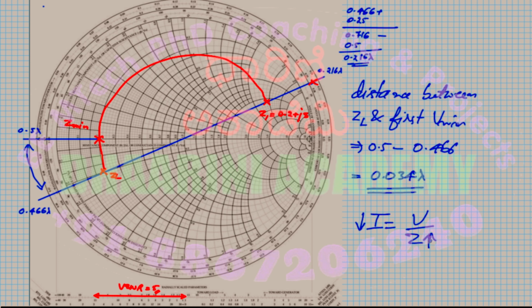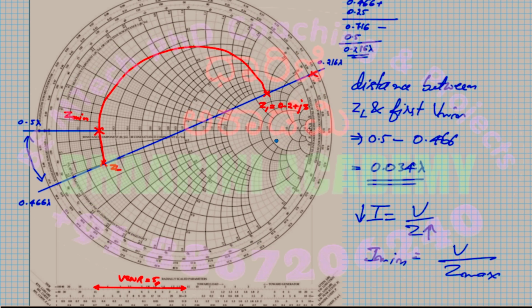So I need to find a point where the Z is maximum. That means I minimum is equal to voltage by Z maximum. I know that Z max occurs at a point over here. This is going to touch this point.